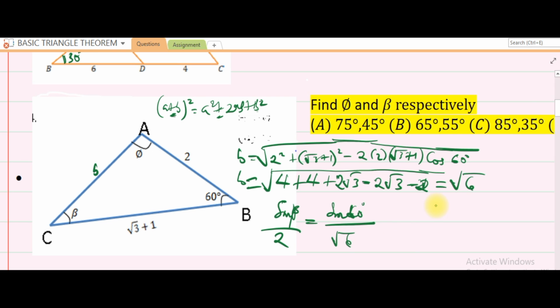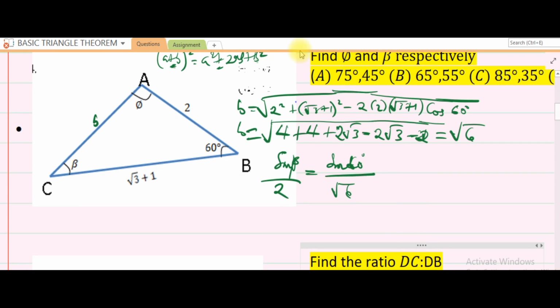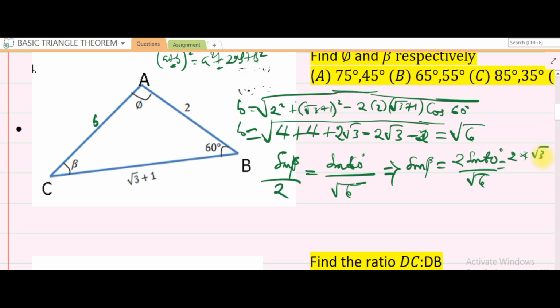We are looking for beta, which implies that sine beta must be 2 sine 60 over root 6. And sine 60 is root 3 over 2. So the 2 cancels and we are left with root 3 over root 6, which is root 1 over root 2.